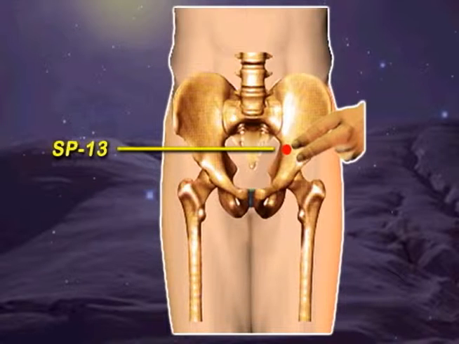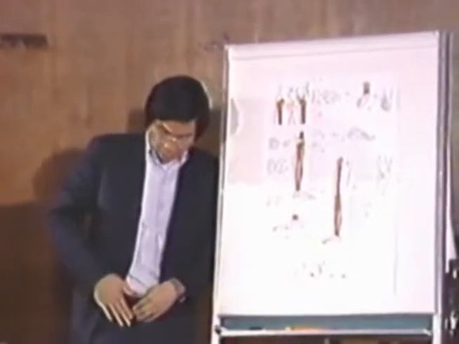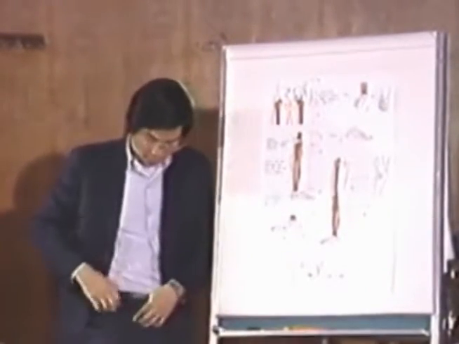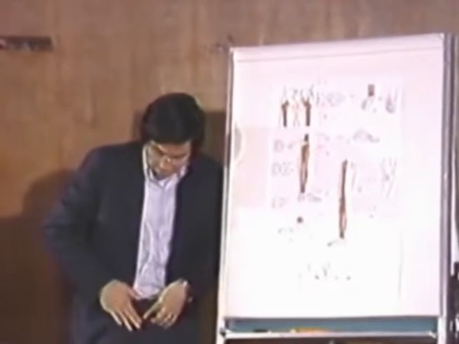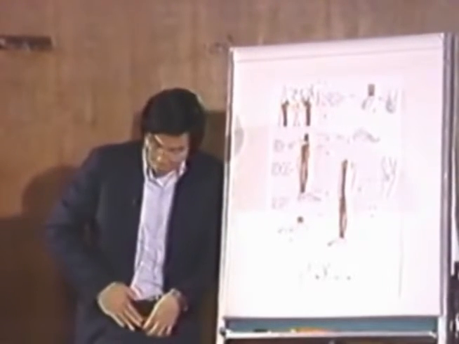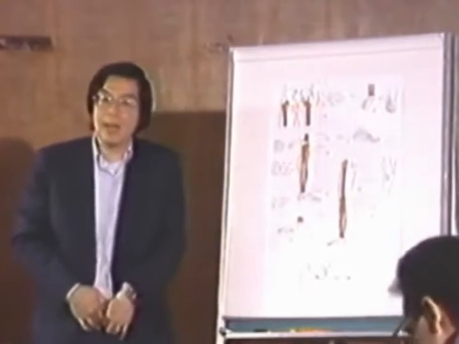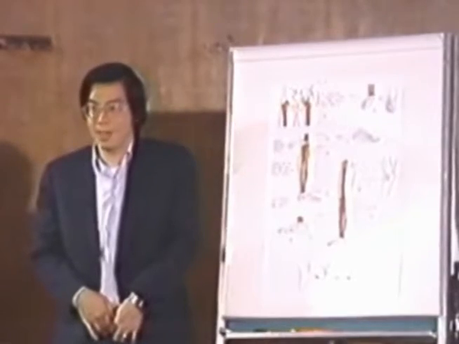Okay, this point is right on here. If you press here on the groin area, by your hip, you put 2 fingers right on the groin, and you press it down. Apparently, it's nearly on the side of the ovary of the lady.